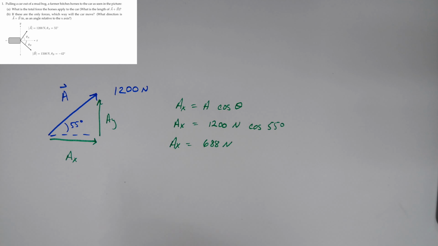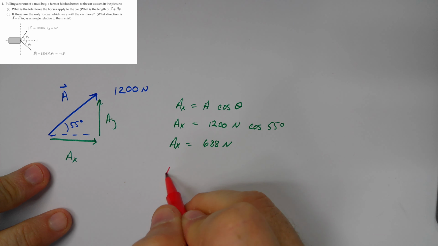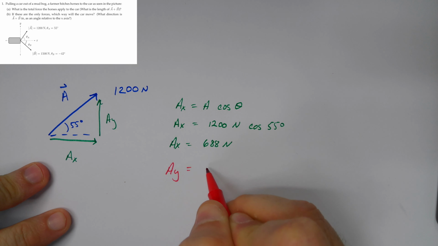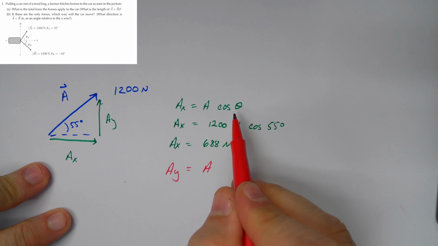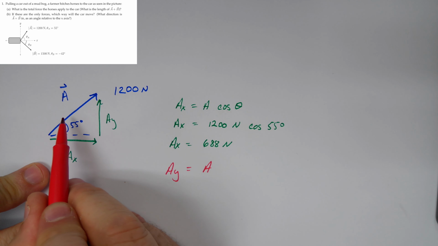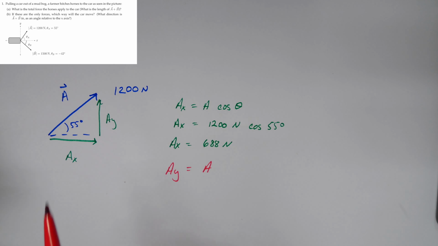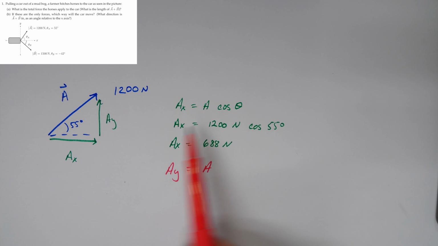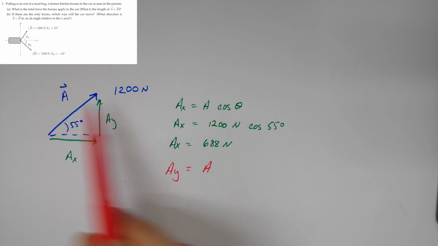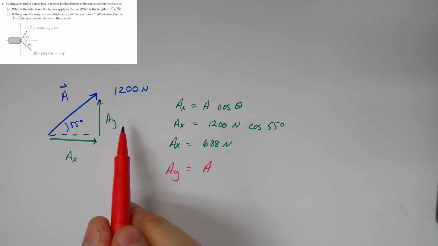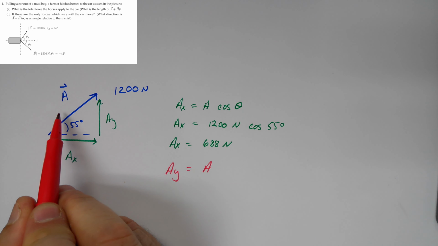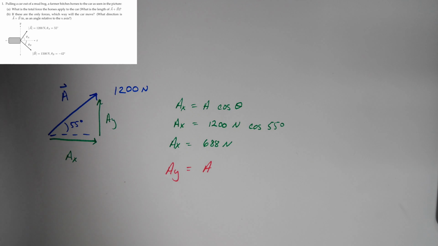And in the y part, we're going to do the same sort of thing. A sub y is, now we're using sine instead of cosine because we have opposite and hypotenuse. We did A sub x, we had adjacent and hypotenuse, that was cosine. So here we do opposite and hypotenuse, and that'll be sine.